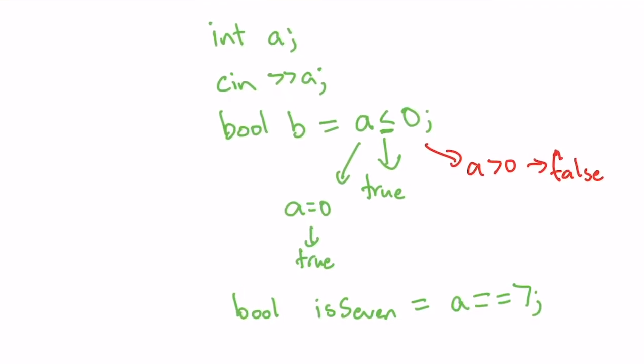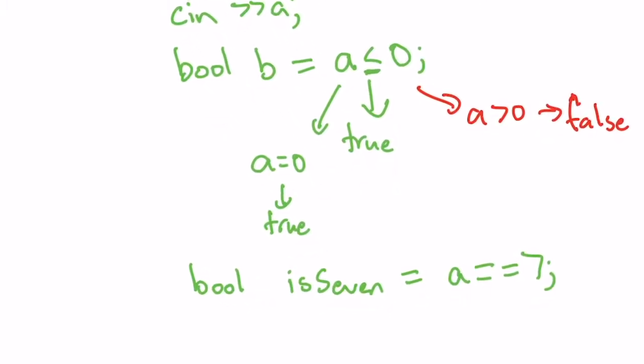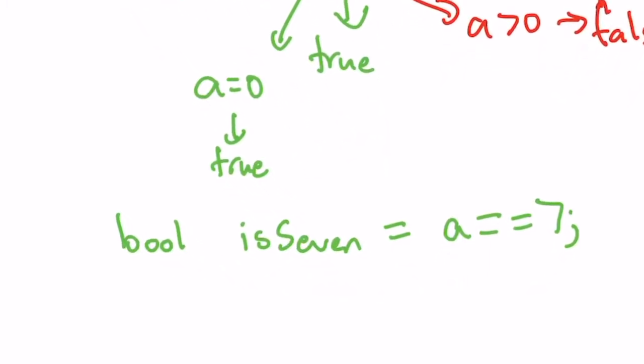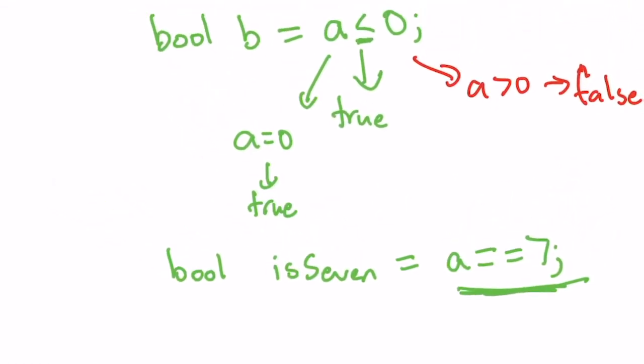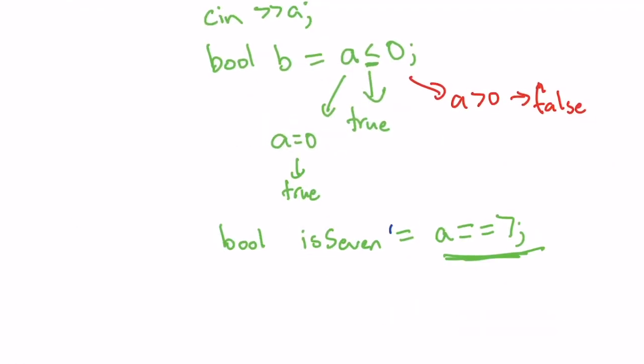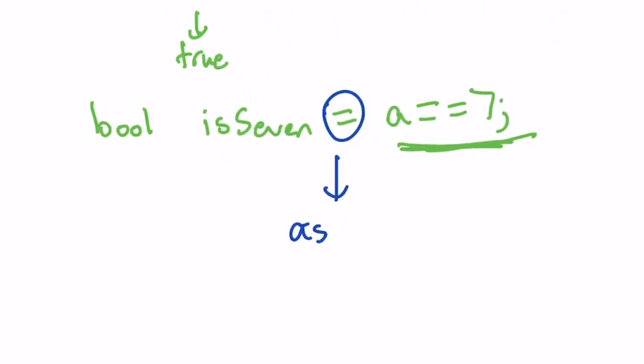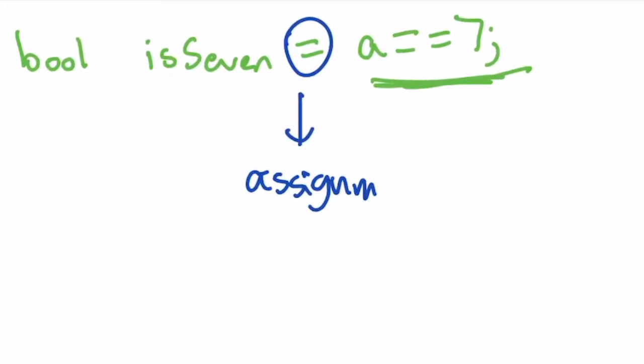If we want to compare if a number is equal to another number, or if a string is equal to another string, then we have to use the double equal. So let's reiterate this. This is the assignment operator, but as soon as we add the second equal sign near it, C++ knows that this is a comparator.